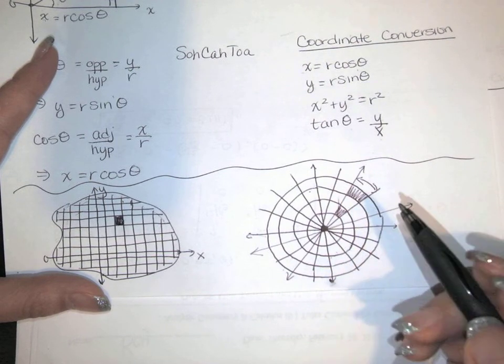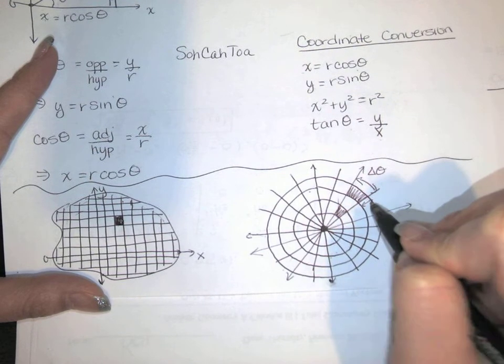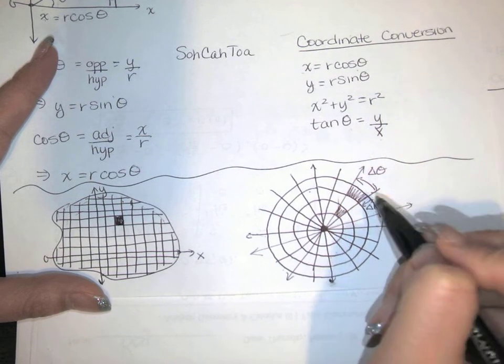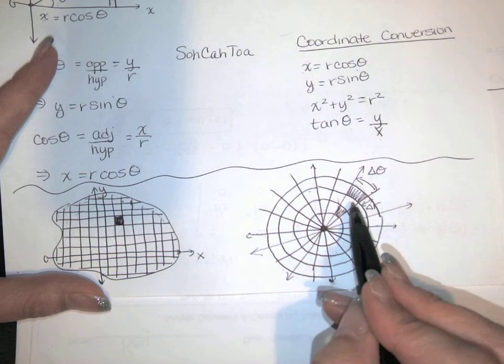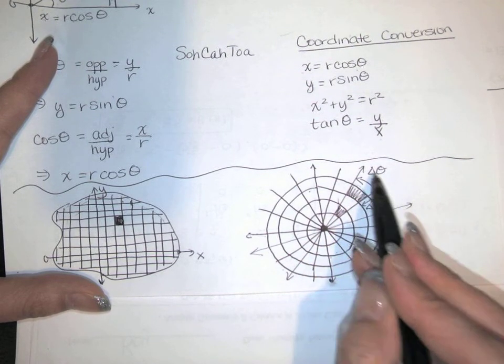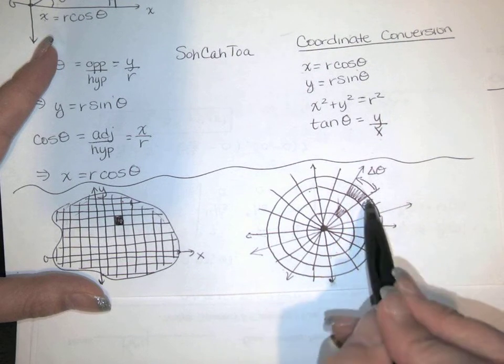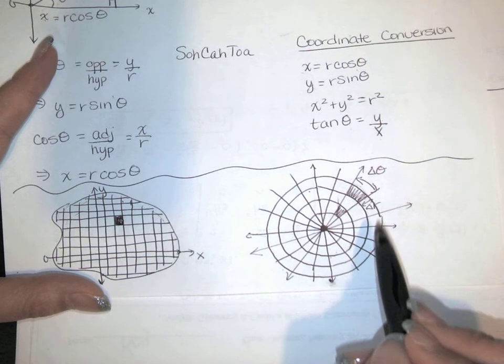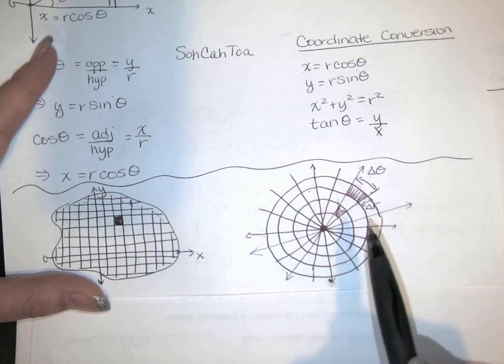So dr times d theta is not going to cut it. If this is delta theta, and that's delta r, we're going to have a problem there. That's not just delta r times delta theta. So to figure out what the area of one of these little pieces is, we're going to use some formulas from trig.